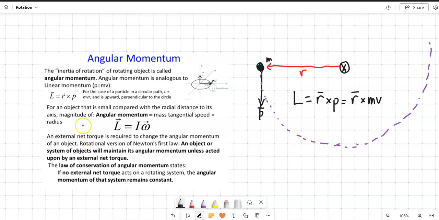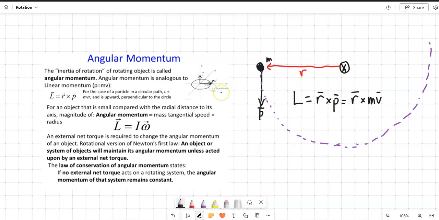But when we're talking about a solid, rigid body, and not a point mass like this, for a point mass we interpret the angular momentum as r cross p, and those are all vectors.